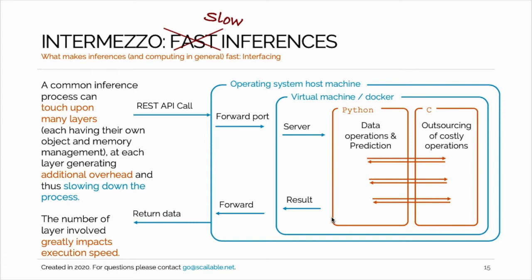Often this goes back and forth multiple times, and all of these layers in and out consume overhead and time. So this highlights why this first solution of containerizing as is, although it's relatively easy, is actually not performant at all.